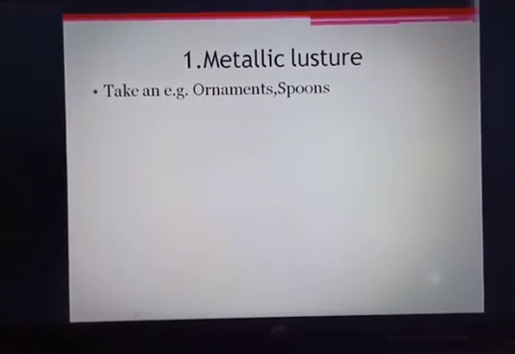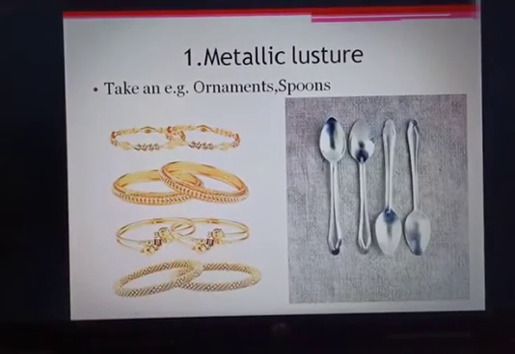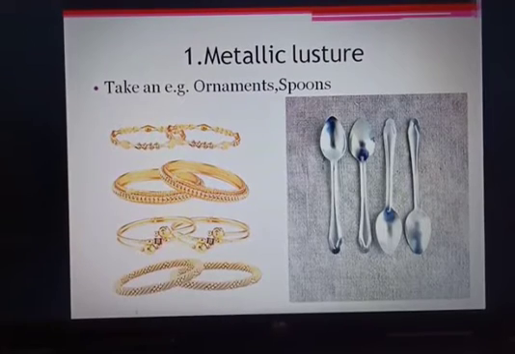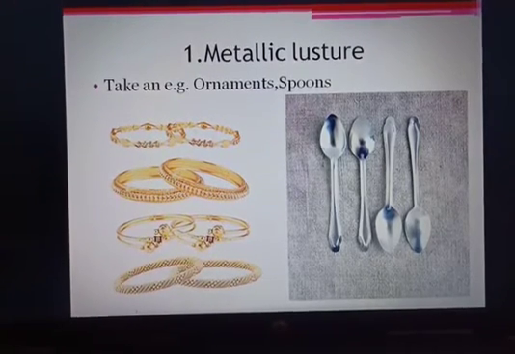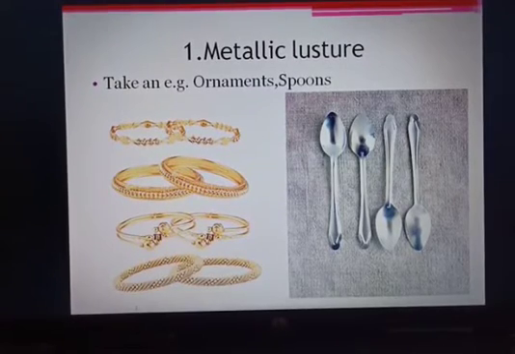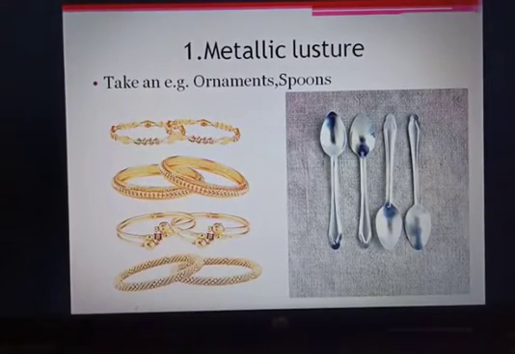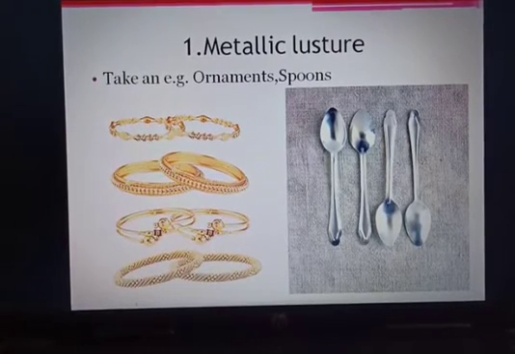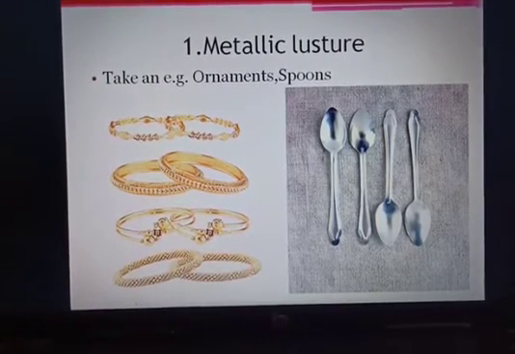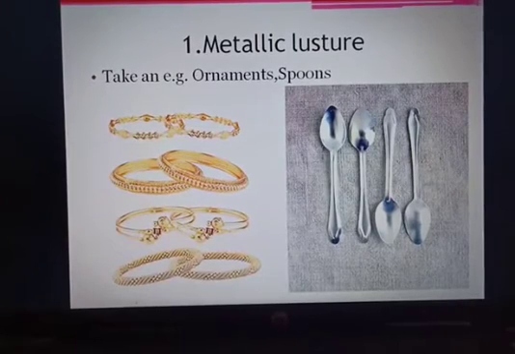If we take an example of an ornament or a spoon, right? If you observe these two pictures carefully, you will see that they have some shine in it, isn't it? Are they not shining? Of course, both of them have a certain shine in it. This shine is called luster.